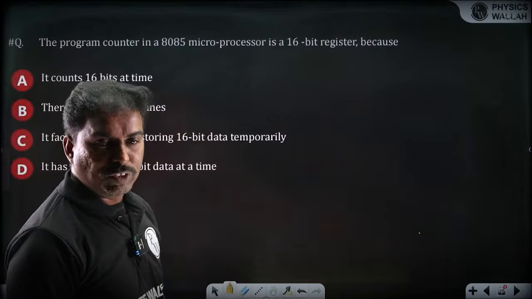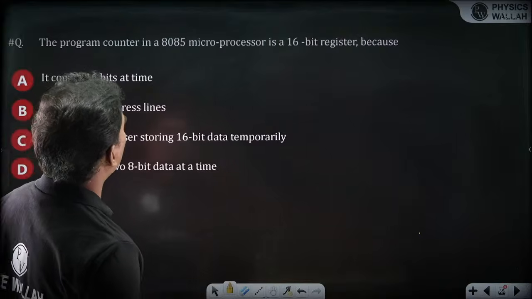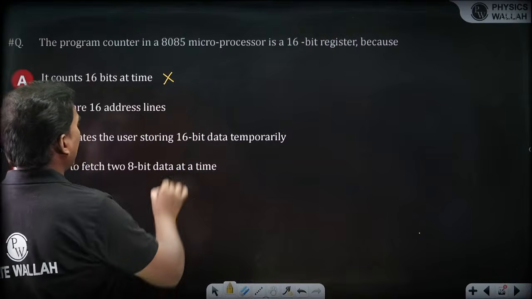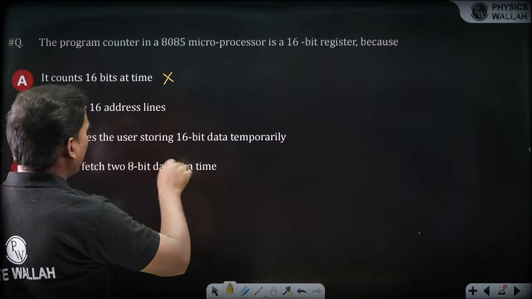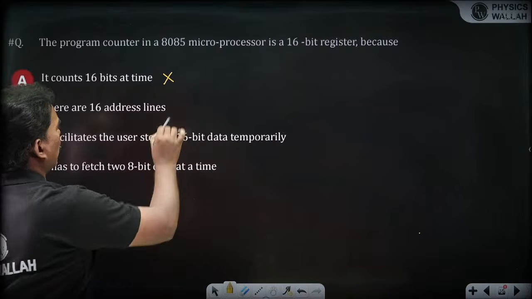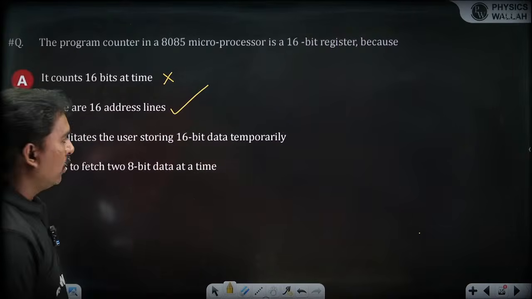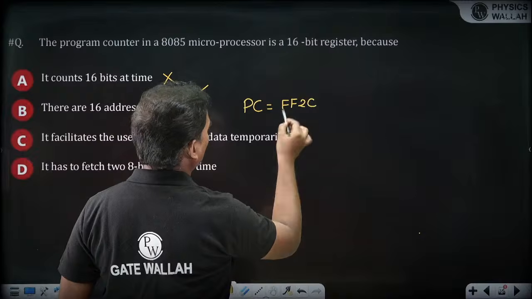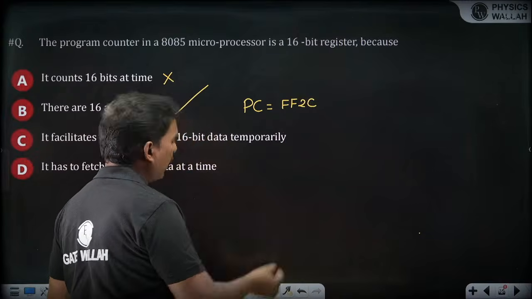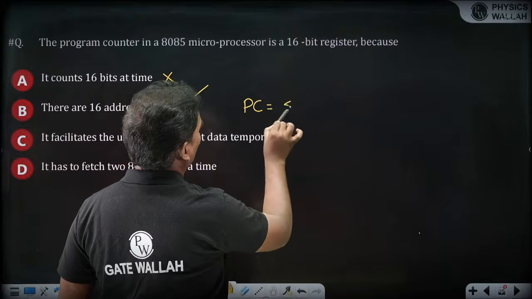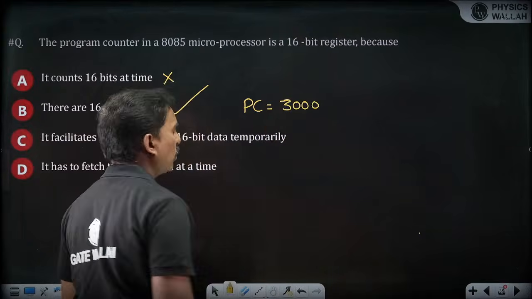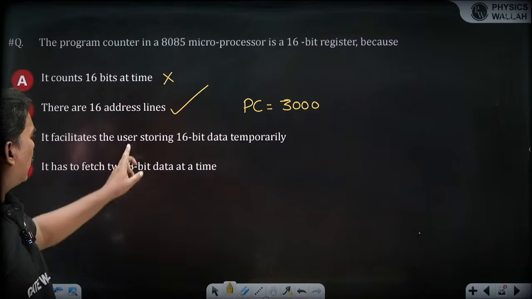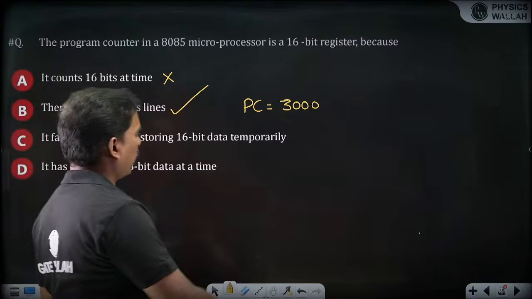INTA means interrupt acknowledge. The program counter in an 8085 microprocessor is a 16-bit register because there are 16 address lines, that is, a 16-bit address bus. The program counter shows, for example FF2C, which is the address of the next instruction to be executed. Suppose the program counter value is 3000. So 3000 is the address of the next instruction to be executed. It is not for storing 16-bit data temporarily. Okay. Chalo.